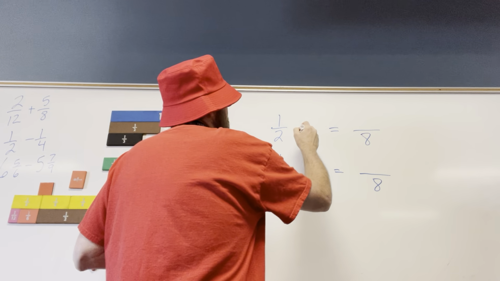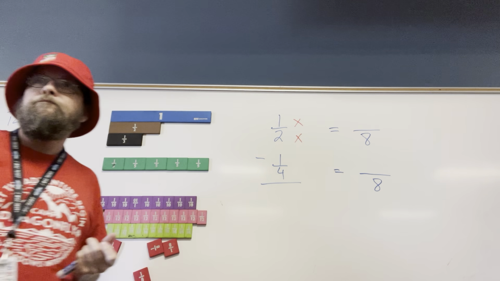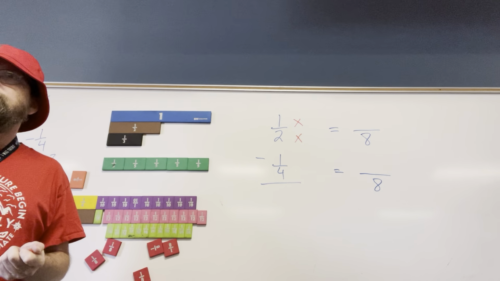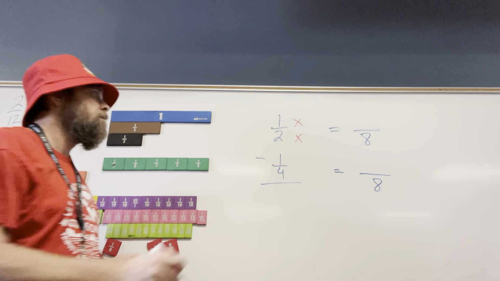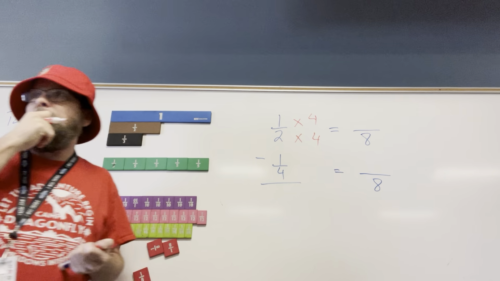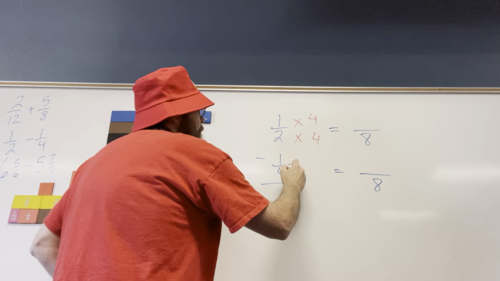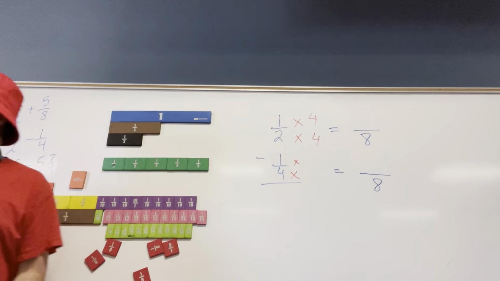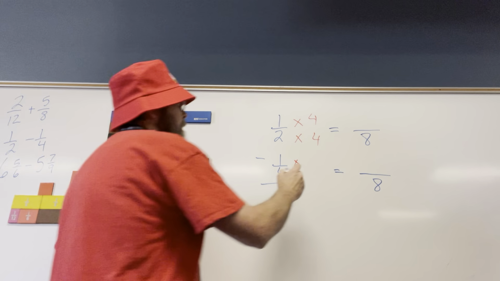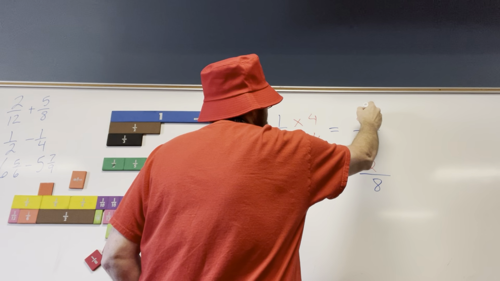Well, I've got to finish this equation. 2 times what equals 8? Good. If I multiply my denominator by 4, I must also multiply my numerator by 4. Chloe, 4 times what equals 8? 2. If I multiply my denominator by 2, I must also multiply my numerator by 2.